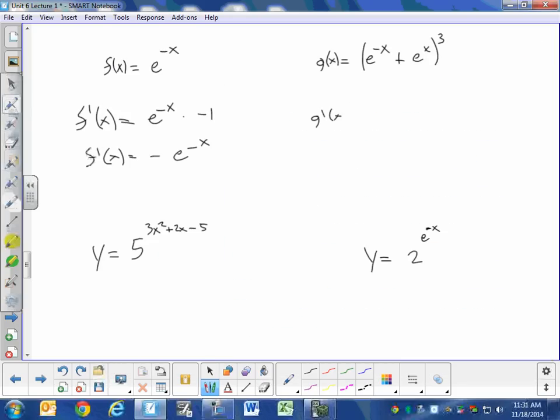This guy would just be 3 e to the negative x plus e to the x squared times, this would be e to the negative x times negative 1, so that's negative e to the negative x, and the derivative of e to the x is e to the x, and that'd be it.